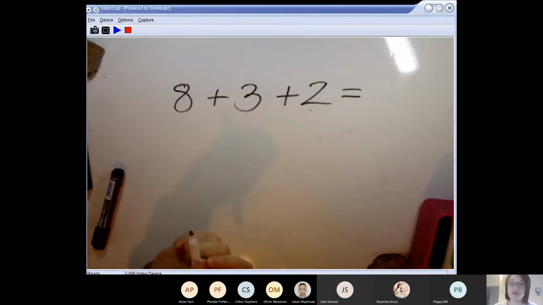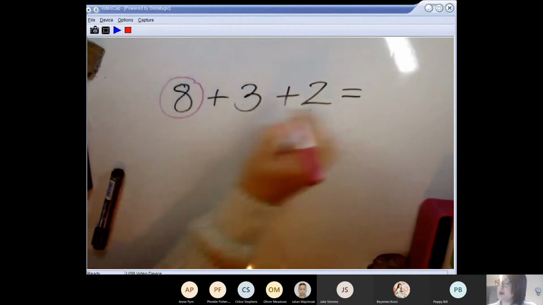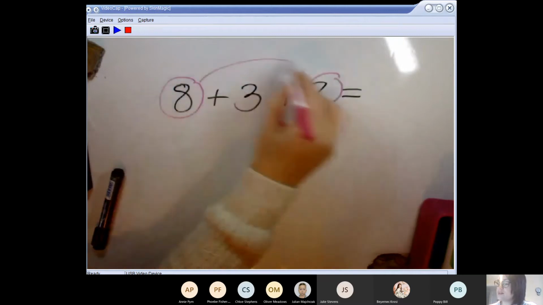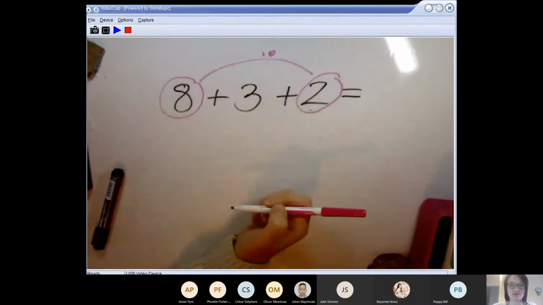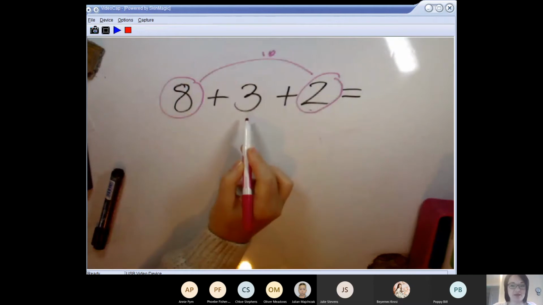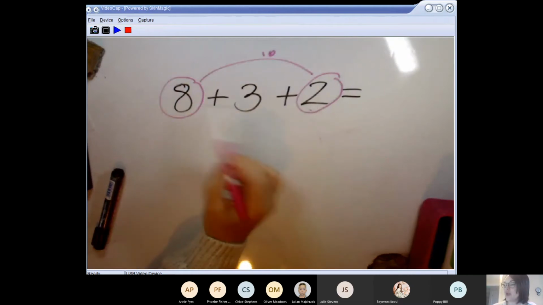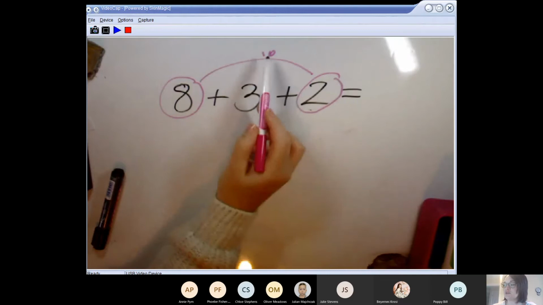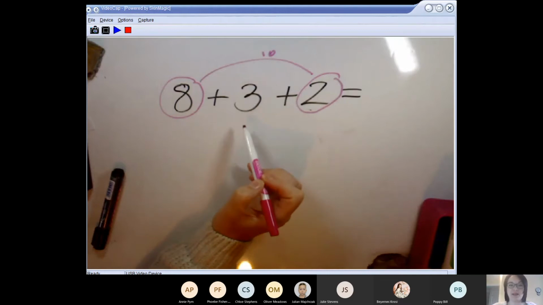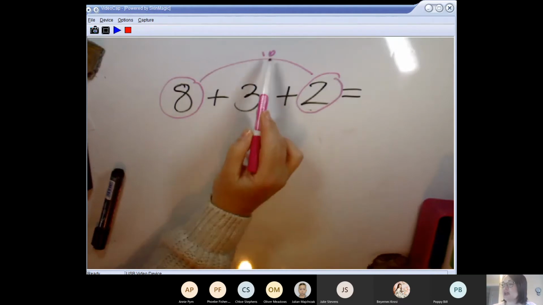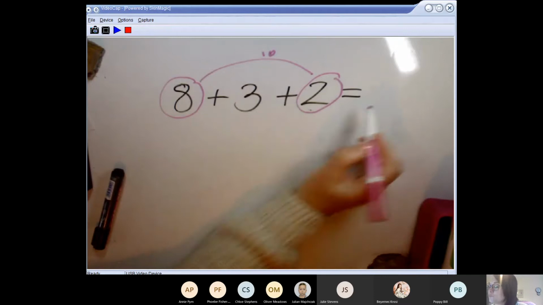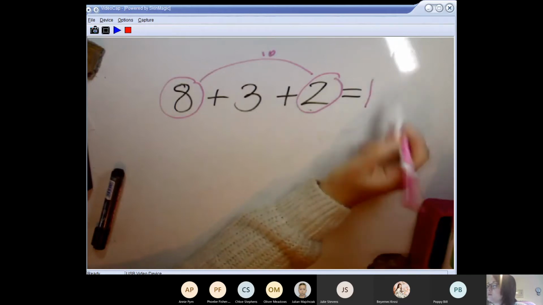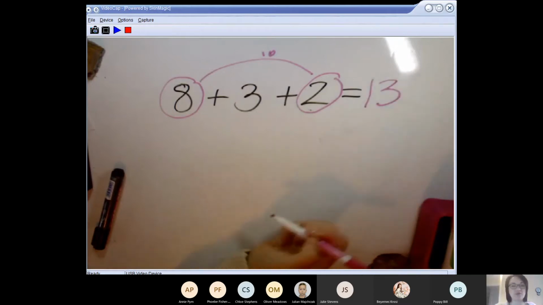Hopefully you've spotted another number bond to 10. 8 and 2, well, they already make 10 together. So now all I need to do is add on that 3. If 8 and 2 make 10, 10 and 3, using my place value knowledge, I know that if I've got a 10 and a 3, there's my 1 ten and my 3 ones, I've got 13.